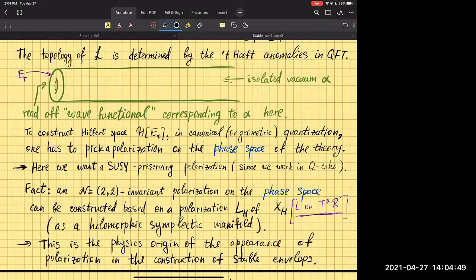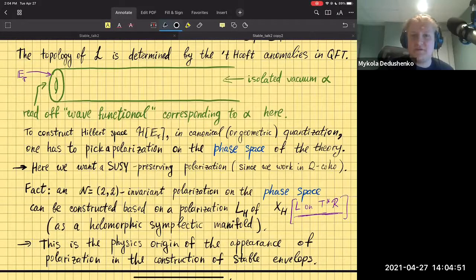Yes, because that's how it always works in quantum mechanics or in quantum field theory: your quantum theory quantizes the phase space of the classical theory.